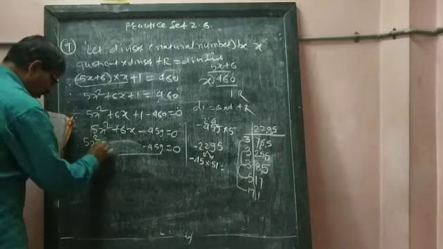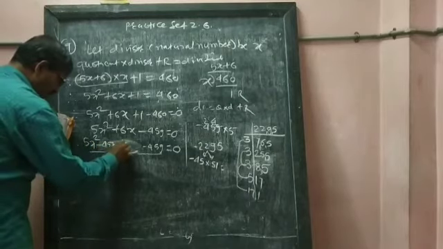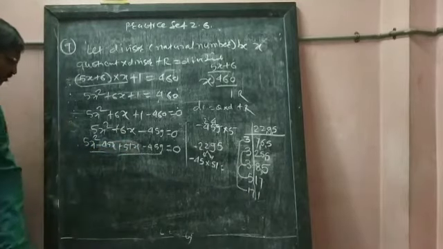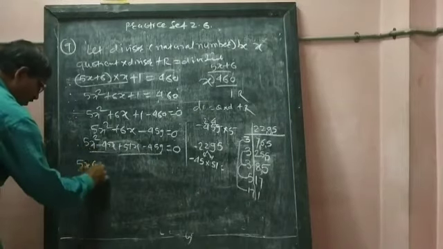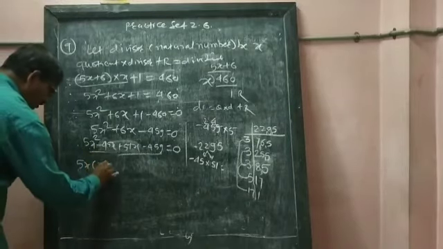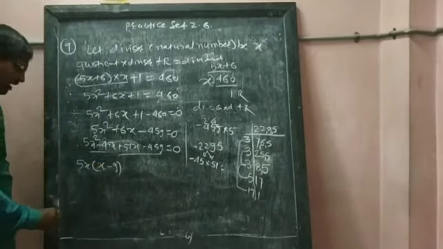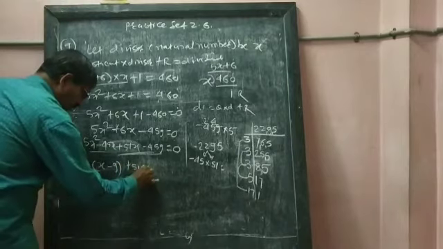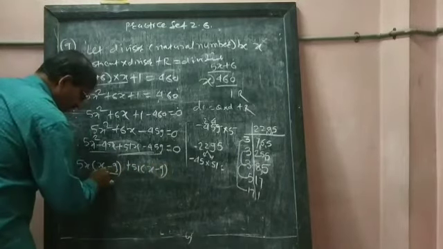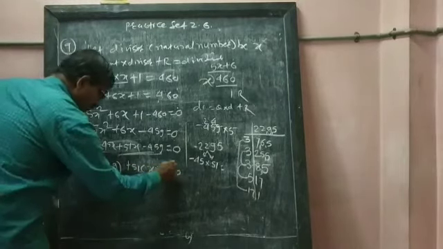It becomes easy to divide. So 5x square minus 45x plus 51x minus 459. Then I will take here from this 5x common. What is remaining? Then x minus 9 will come in first bracket. From the second group we will take 51 common, and what is coming in the first bracket should come in the second one.